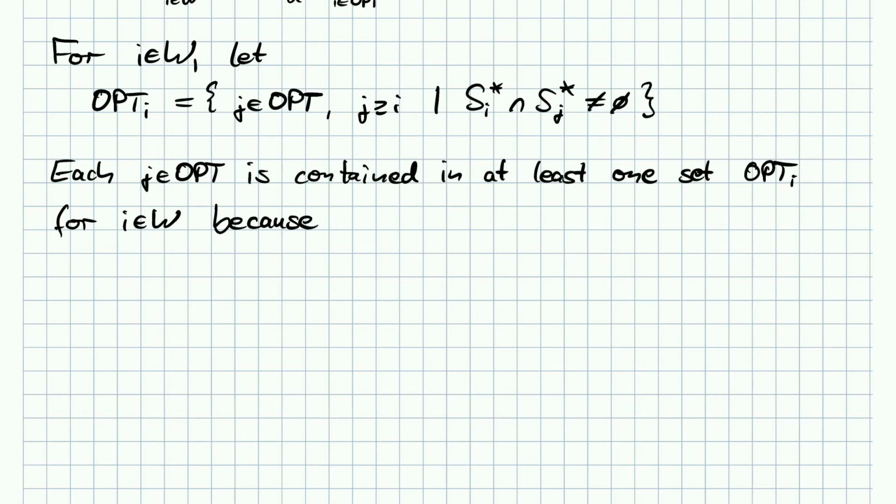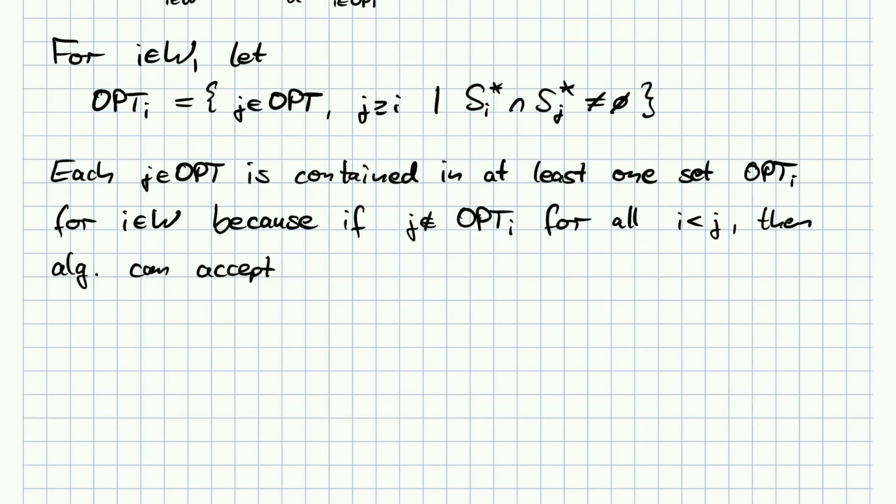Because if j is not in opt I for all I which are smaller than j, then the algorithm can accept j when reaching it, and will do so, of course.